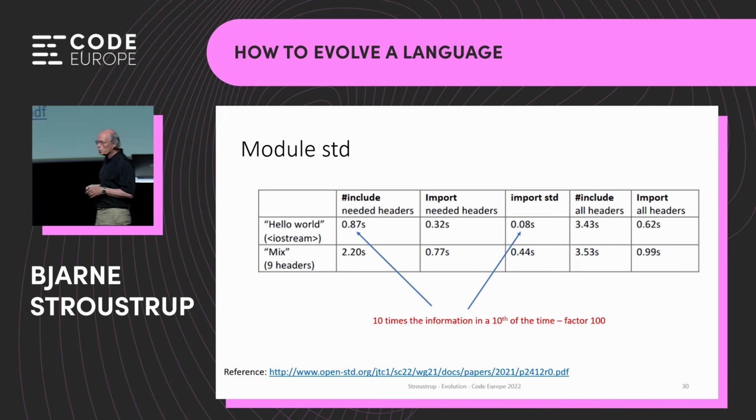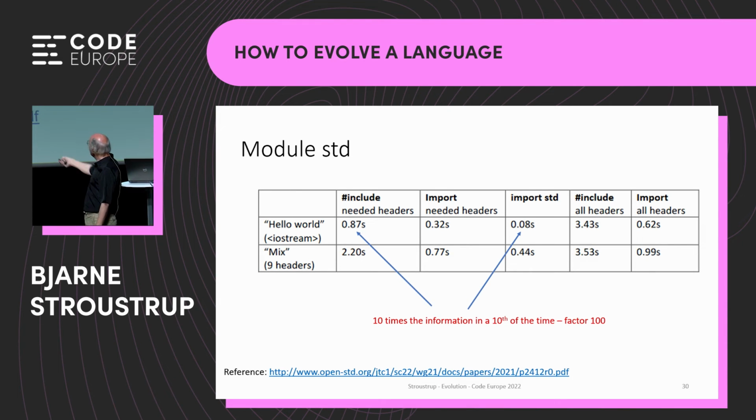So I did a little experiment with a module which is called std, which is almost certain for C++23 because it's been voted out of the language design group, the evolution group.